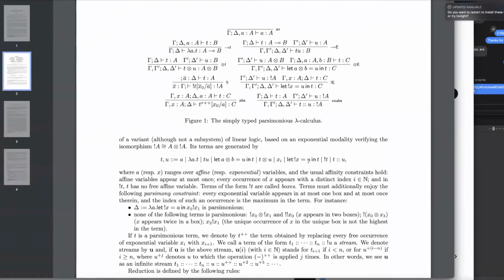So again, t is going to evaluate typically to some stream, where a stream is going to be a finite prefix in front of a banged term, and then these x's are going to stand for indexed variables inside that stream. Hopefully that's clear. Does that make sense? Does anybody have any questions about the syntax?